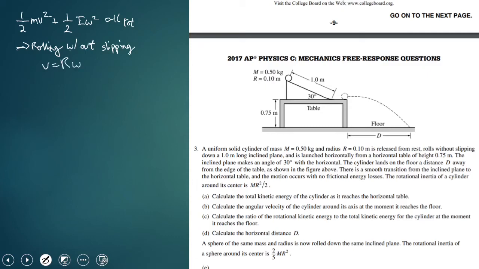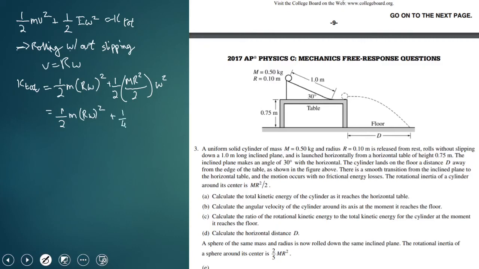So I can resubstitute in here by saying that K total, sorry, I switched sides again, is equal to 1/2 mass times R omega squared, plus 1/2 times our inertia, which we're given is mr squared over 2, times omega squared. And so what I can do is simplify this. This becomes 1/2 m r squared omega squared still. This one becomes 1/4 m.